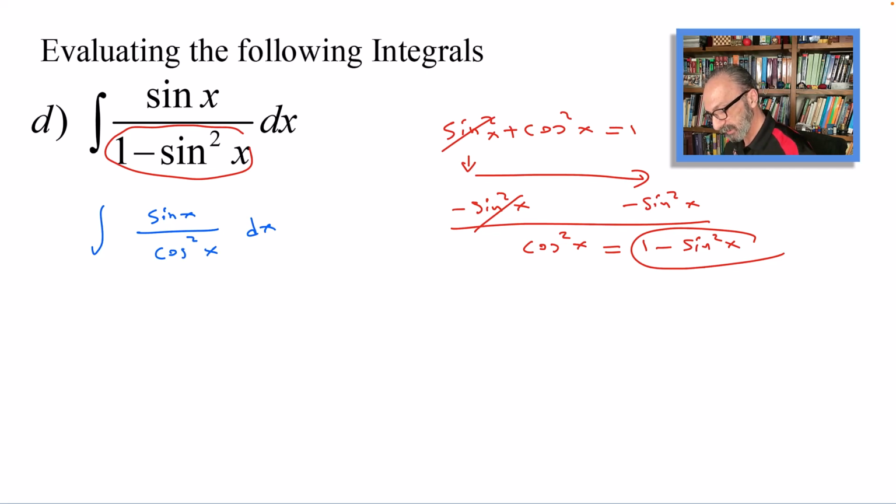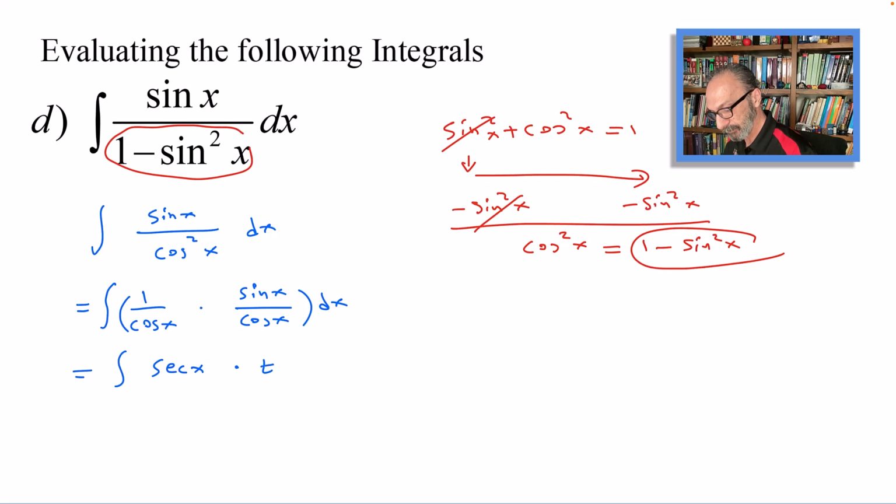We could split this into two parts. That is 1 over cosine x multiplied by sine x over cosine x with respect to x, which means that is 1 over cosine x, which is secant x, and sine over cosine, which is tan x, all with respect to dx.